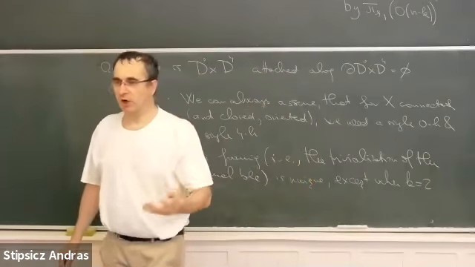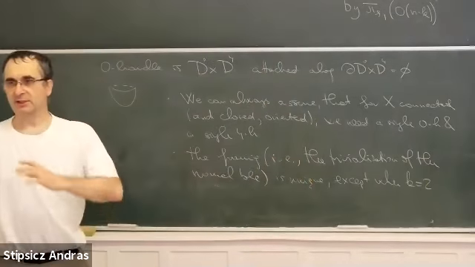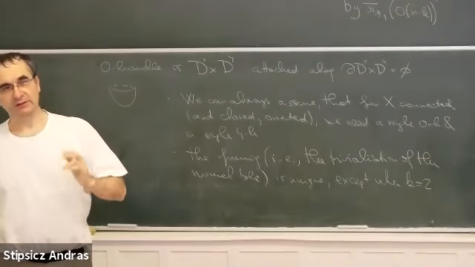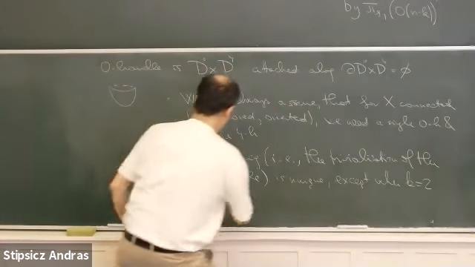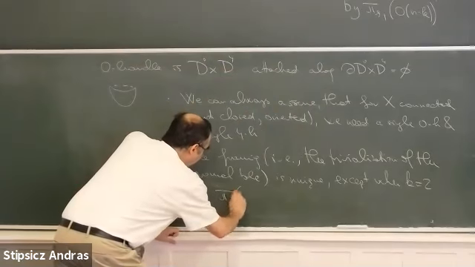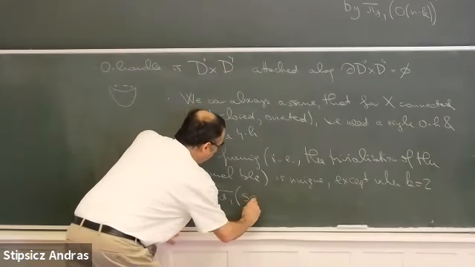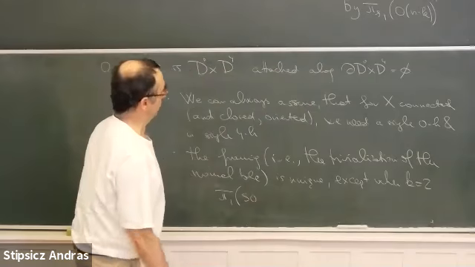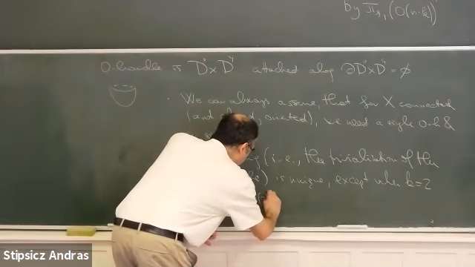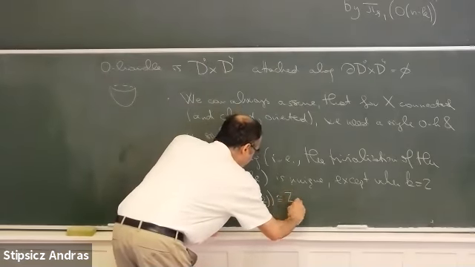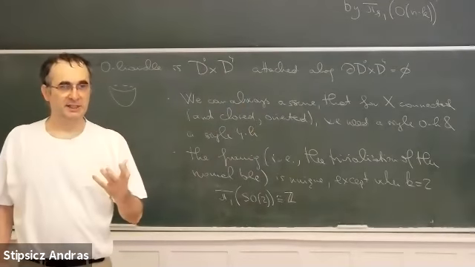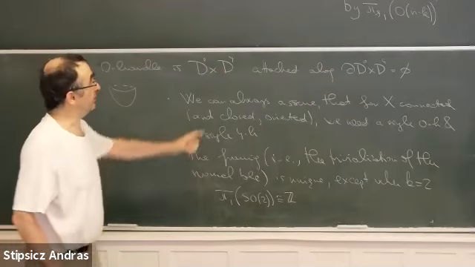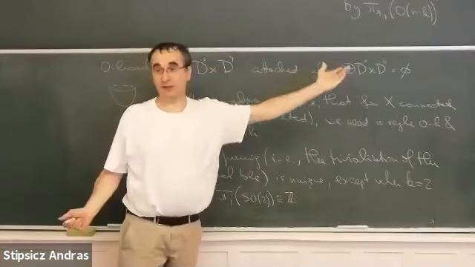So for 0, 1, 3, and 4 handles, the framing is unique, and for 2 handles, it's not. This group is actually π_1 of SO(2). It's just Z. So there is a Z worth of trivializations of a knot, a one-dimensional sphere, inside a three-manifold.